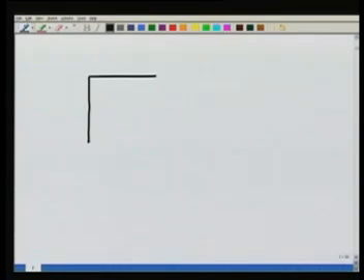In order to do this construction, again we have our nodes. So what we are going to do is talk of these lines.